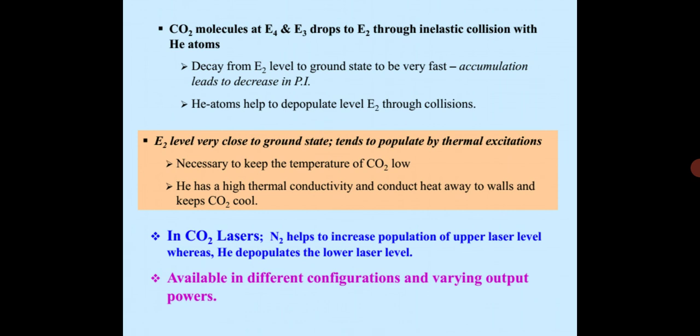The E2 level, very close to the ground state, tends to populate by thermal excitation, so it is necessary to keep the temperature of CO2 low. He has high thermal conductivity and conducts heat away to the walls, keeping CO2 cool. In the CO2 laser, N2 helps to increase the population of the upper laser level, whereas helium depopulates the lower laser level.